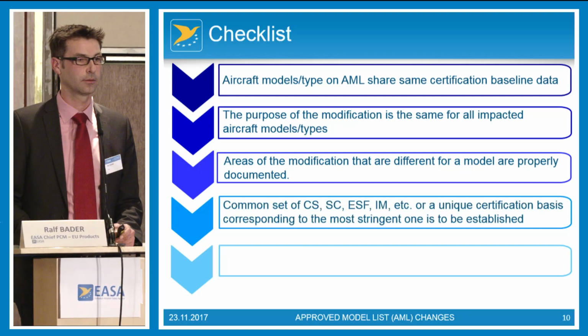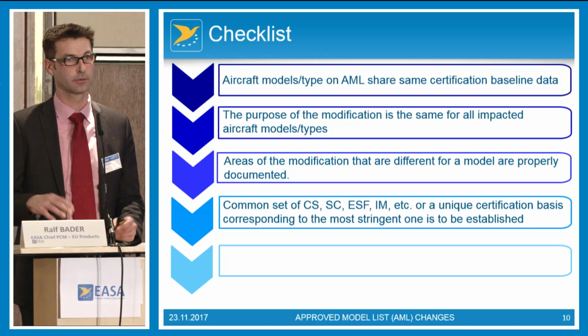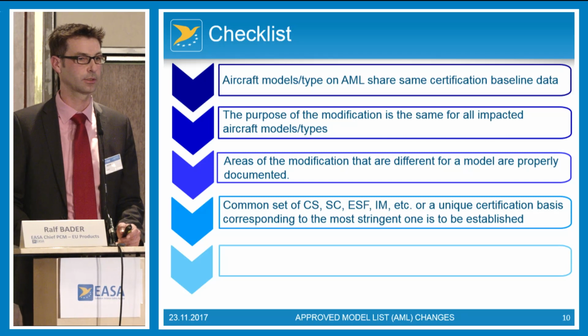A common set of CS, ESF, interpretative material, special conditions, all this, or a unique certification basis. So then you really update the cert basis of the aircraft in the frame of the STC or major change. It has to be the most stringent one of all the affected models and types.